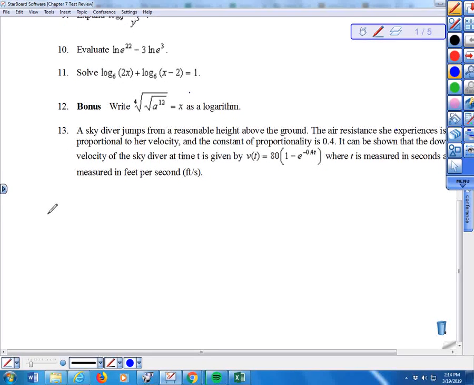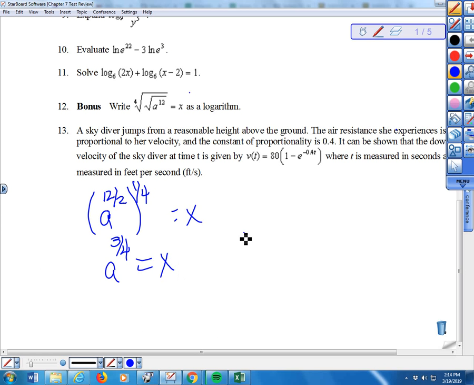So a to the 12th to the 4th, the square root, is a to the 12 over 2 raised to the 1/4. Equals x. So this becomes what? 12 over 8, which is 3/4. And it says to write it as a logarithm.